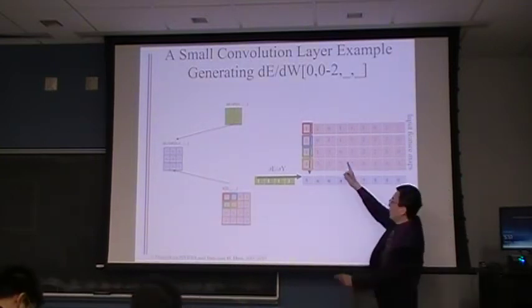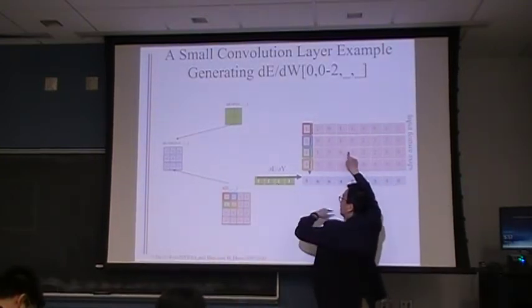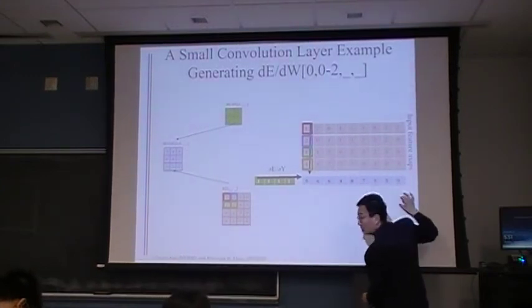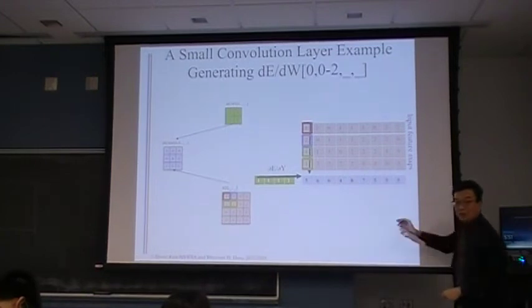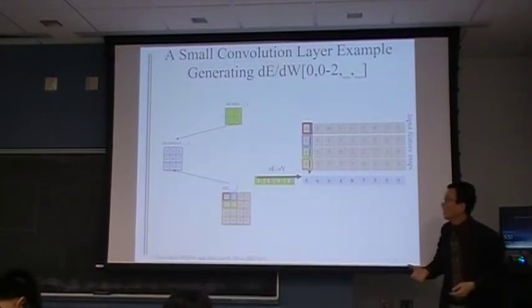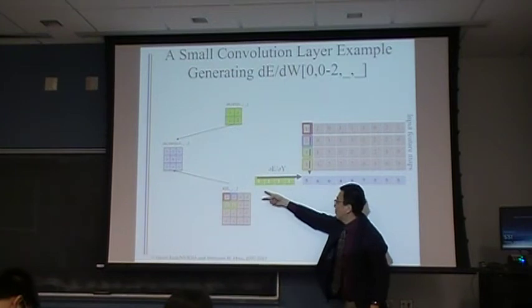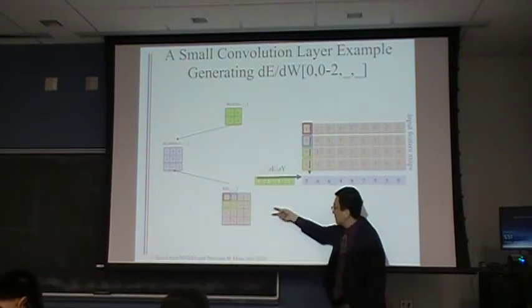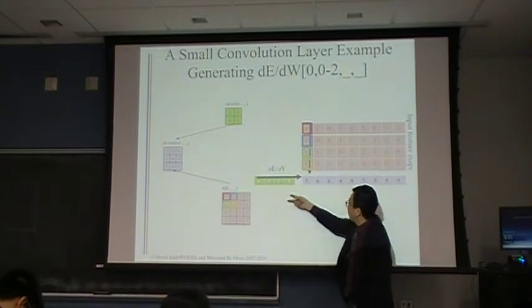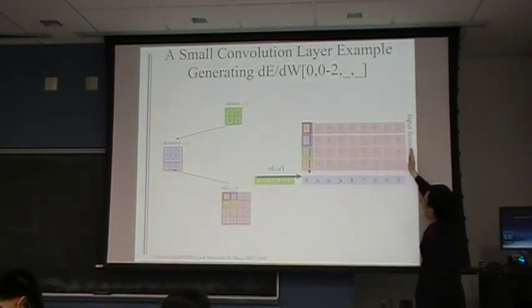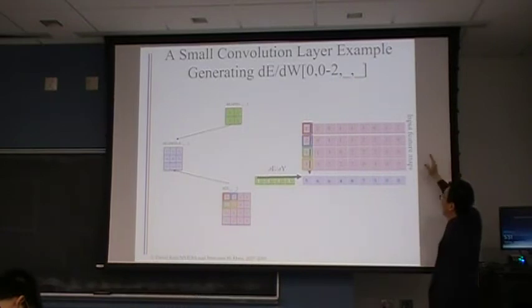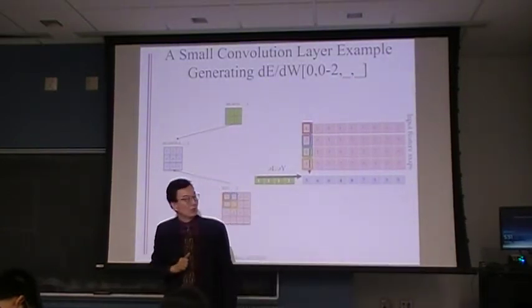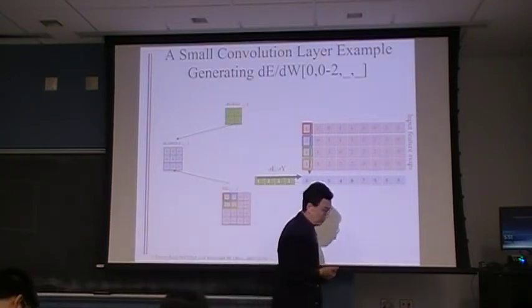So we'll be generating combinations of input and output feature maps in this direction or in this direction. We're generating more and more of the feature maps by adding more of the output feature map gradients, or attaching more of the input values.